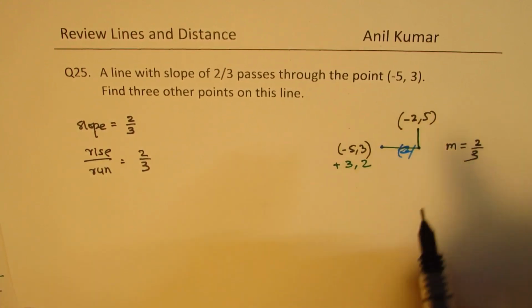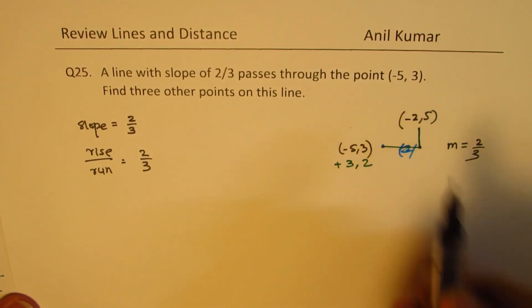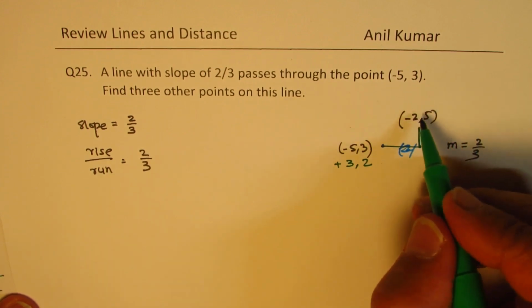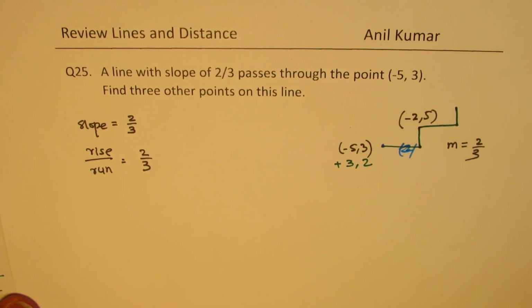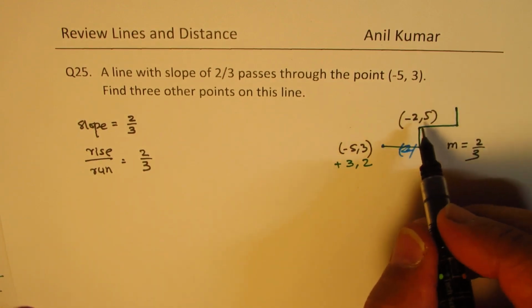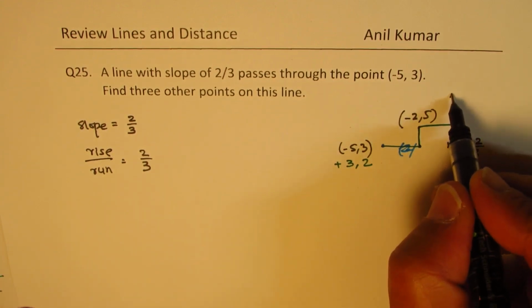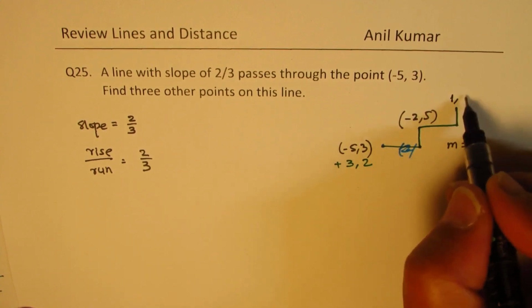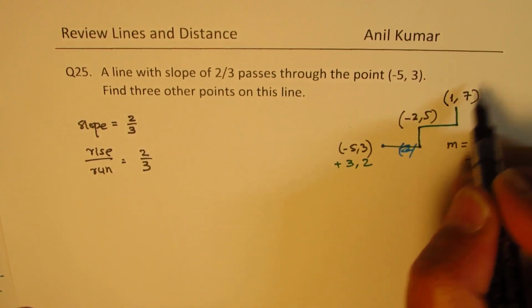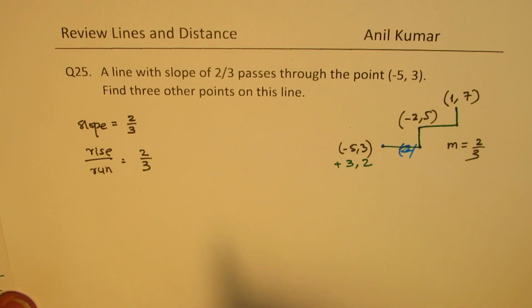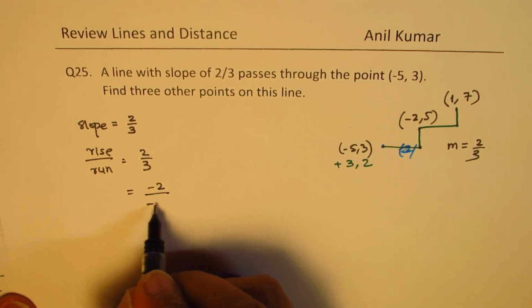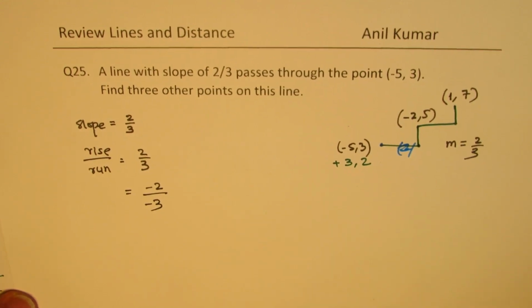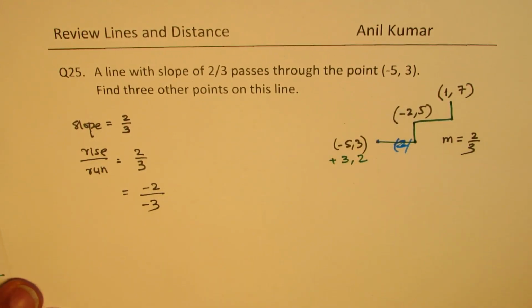You could repeat this process. When you add 3 to this and then go up 2 places, you reach the next point. So adding 3 to minus 2 will give us plus 1, and 2 to 5 will give us 7. So likewise you could go up. Well, you could also think about this as minus 2 over minus 3. That means you could actually come down.